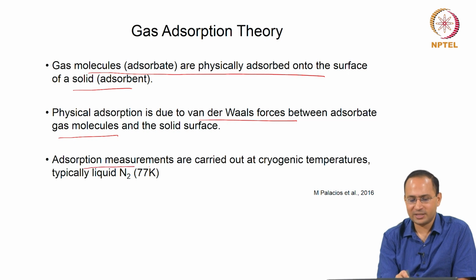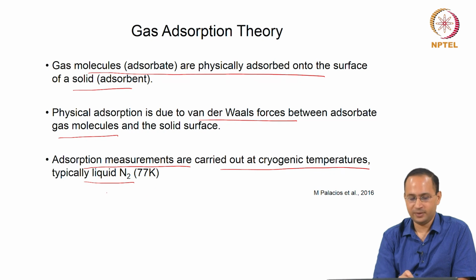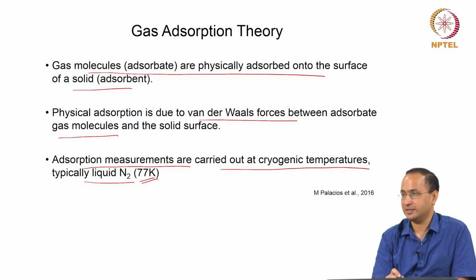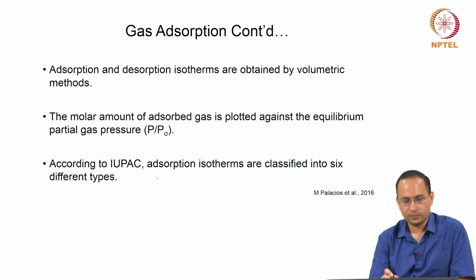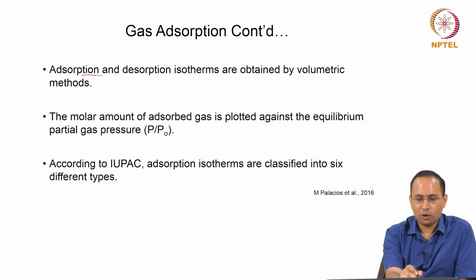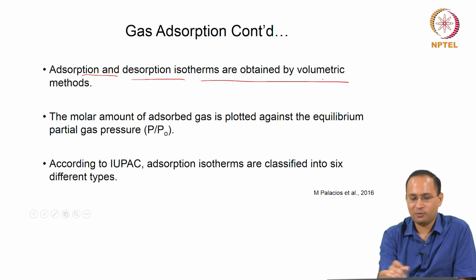Usually adsorption measurements are carried out at cryogenic temperatures, typically liquid nitrogen at 77 Kelvin, which corresponds to minus 196 degrees Celsius. These are the conditions. Adsorption and desorption isotherms are obtained by volumetric methods.